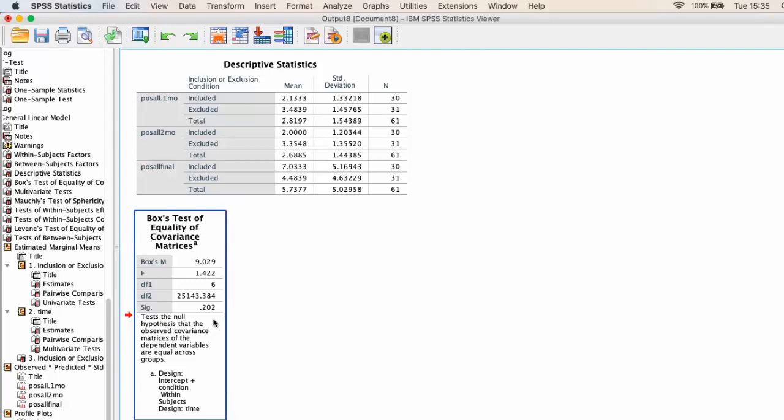Here you want this to not be significant. If it's not significant, you can write that according to Box's test of equality of covariance matrices, the observed covariance matrices of the dependent variables were equal across all groups, and this assumption was not violated.